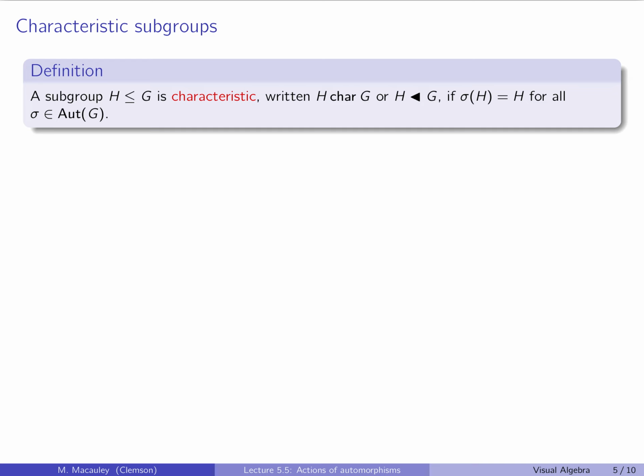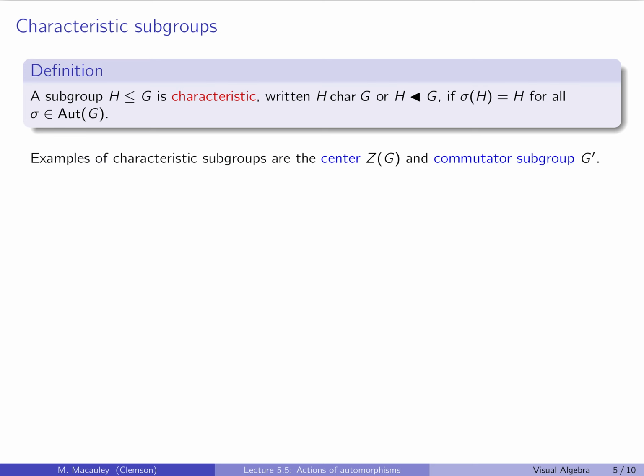Ones that I've seen include just CHAR or char, and I think I've also seen CH, but I've also seen a normal subgroup symbol that's filled in like this. So this is a stronger condition than normality. The reason I did not put a symbol like this here is that it is not built into the LaTeX typesetting language. Examples of characteristic subgroups are the center and the commutator subgroup G prime.